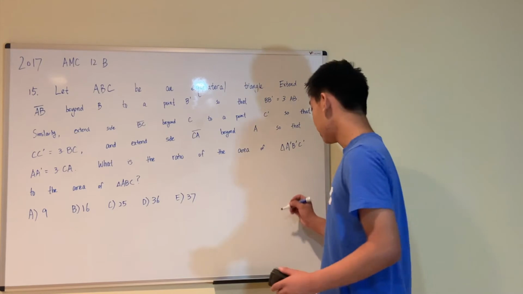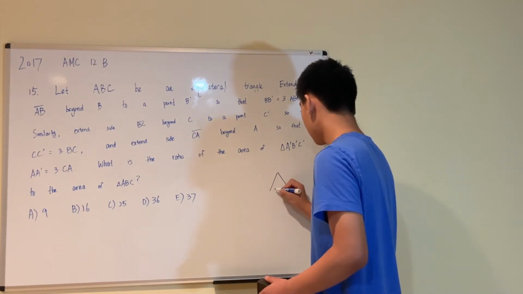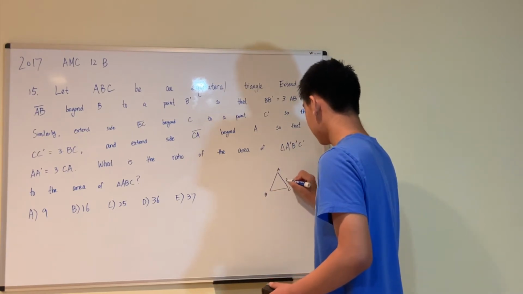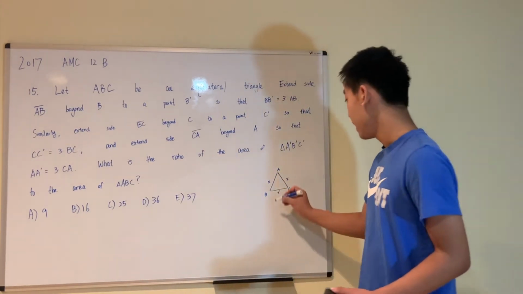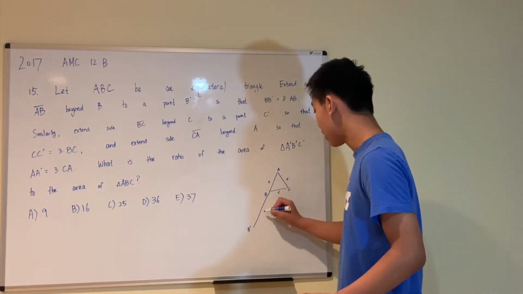So the first thing we have to do here is to draw a triangle ABC and label the side lengths as x because it's an equilateral triangle. AB gets extended beyond B, and we know that BB prime is going to be 3x.